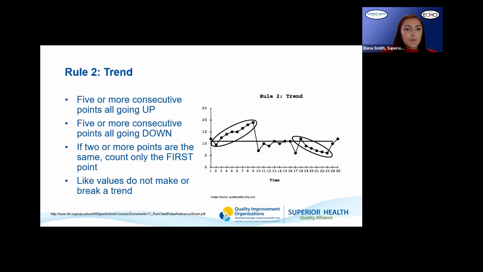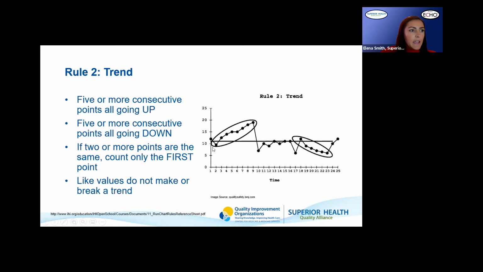So rule 2 is a trend. This is where you have 5 or more consecutive points all going up, or 5 or more consecutive points all going down. Now, the little caveat in this one is if you have 2 or more points that are the same value, you only count the first point. Like values do not make or break a trend.